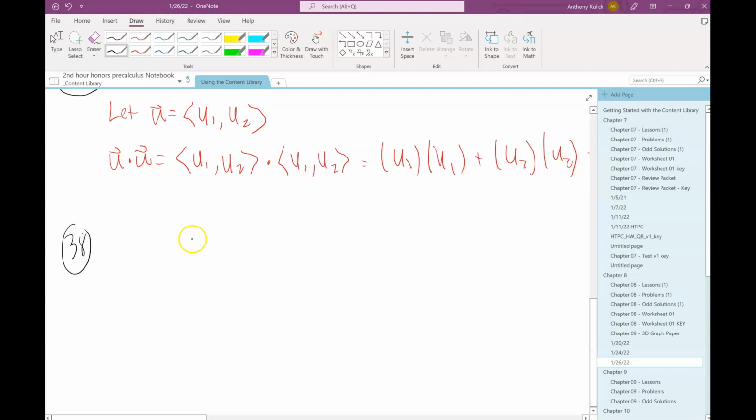So if I go and plot this thing, 1, 2, 3, 4, 5, 6, 7, 8. 1, 2, 3, 4, 5. 1, 2, 3, 4. 1, 2, 3, 4, 5, 6, 7. So we have negative 2, 1. And then we have negative 8, negative 4.